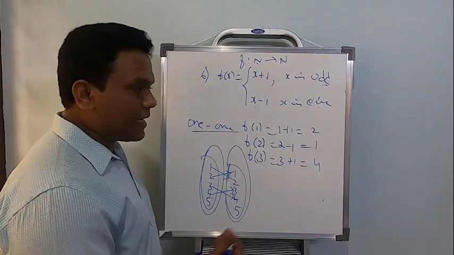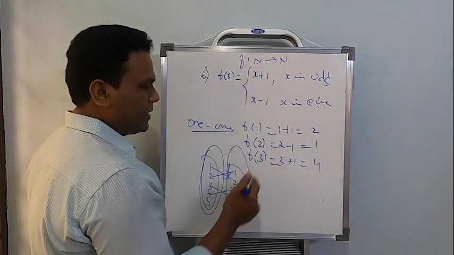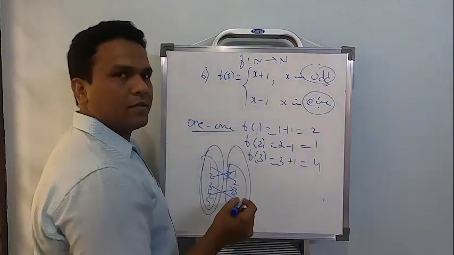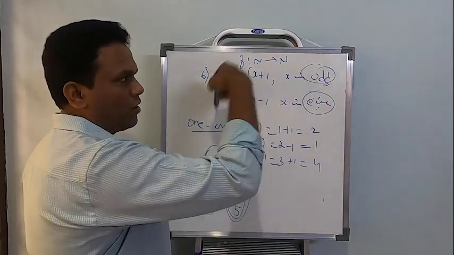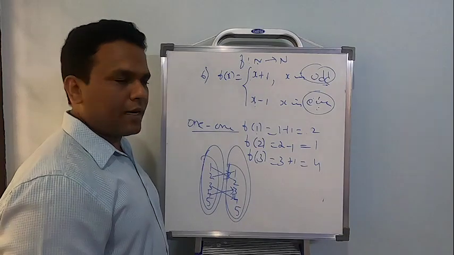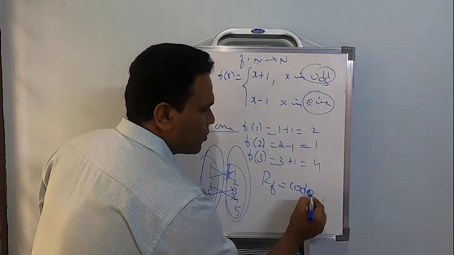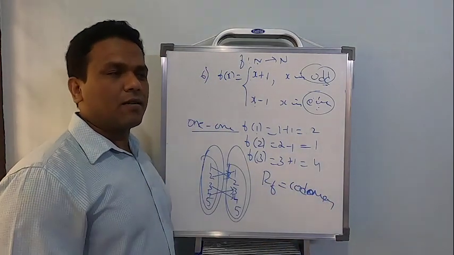So how to check it is onto? Quite simple. The set of all natural numbers will be divided into odd numbers and even numbers. So for every even number you can find an image. For every odd number also you can find an image, right? So just give a statement: range of f equal to codomain. If it is shown in the problem, please try to understand.